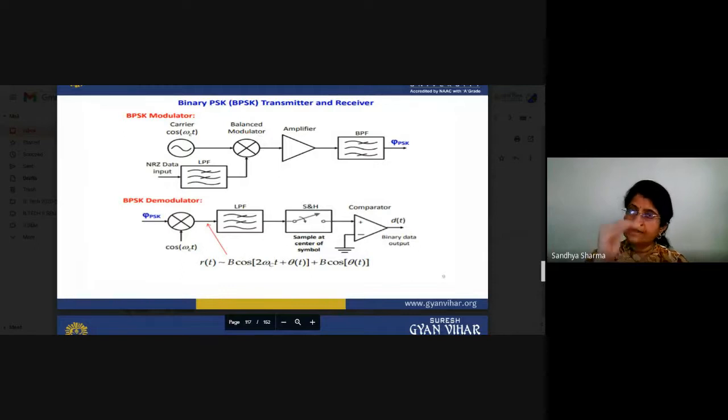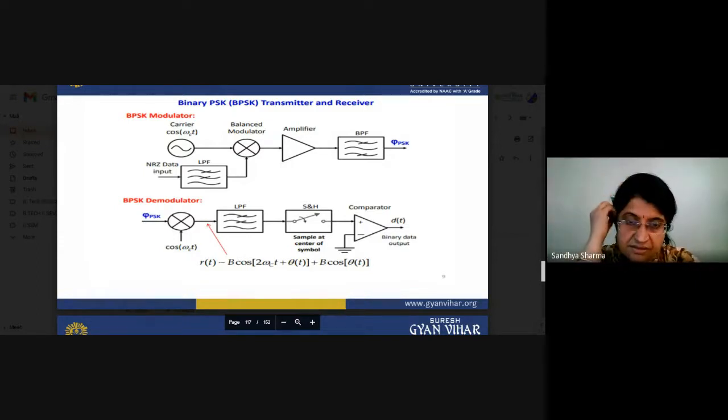So there is again a binary PSK transmitter and receiver. What will happen here? The BPSK modulator is basically a balanced modulator. There is a carrier signal, cos omega ct, and there is the analog signal, and both are modulated. After amplification we pass it through the BPF.